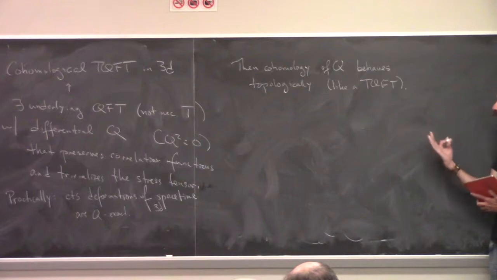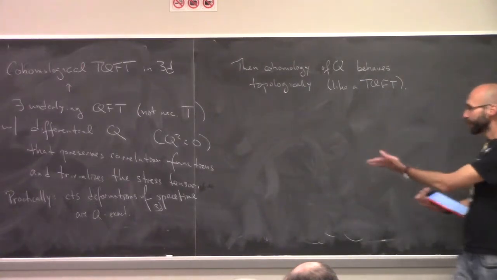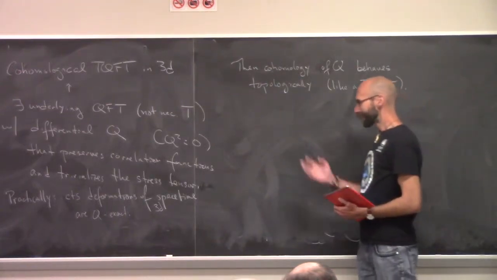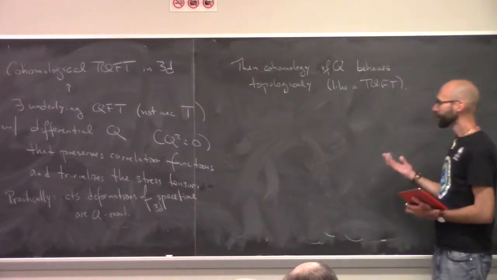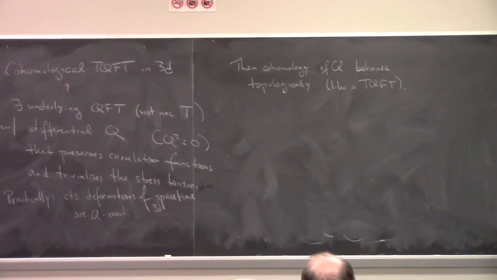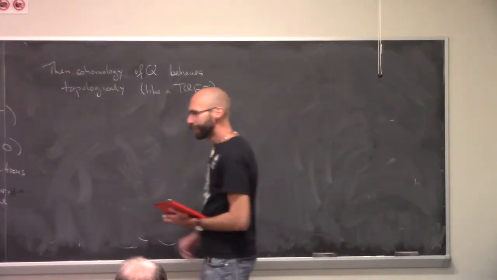So this should be familiar in various guises. The two-dimensional A and B models are the most famous examples of a TQFT of this type. The sort of features that you start seeing are that in two-dimensional TQFT, boundary conditions form a category.